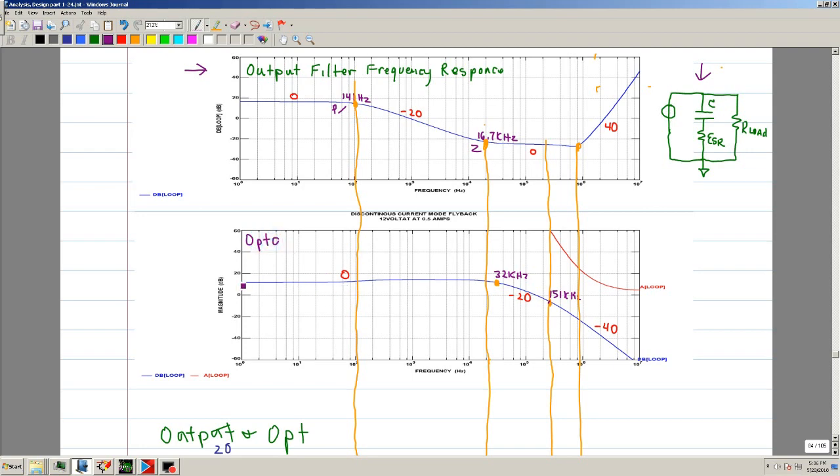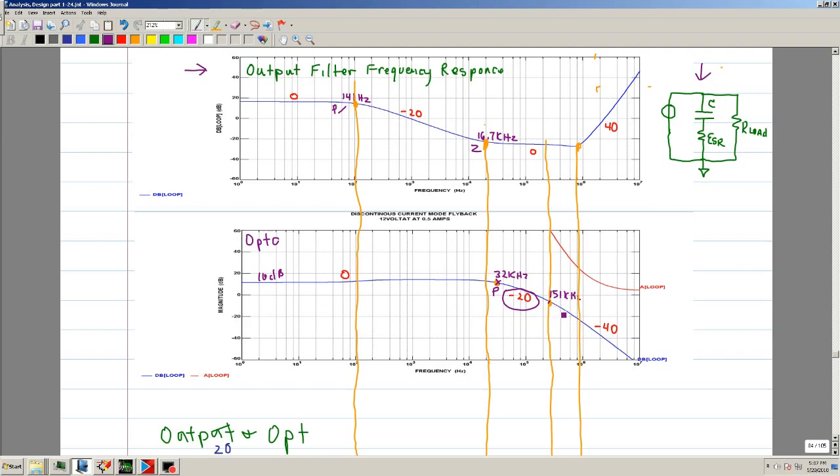If you notice, it has about 10 dB of gain, and then it goes upward, has a little hump, but then right here it starts turning down. So this is a pole, so I'll put a P here, and then it has a slope, and the slope is negative 20.